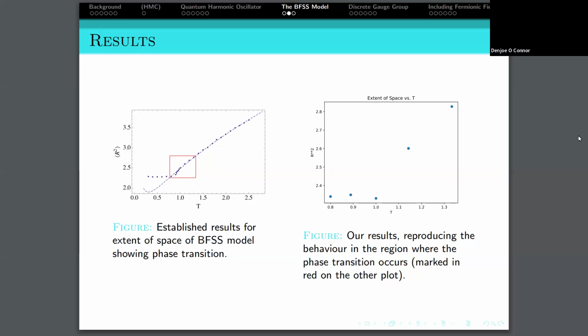You mean it just somehow is emergent from this BFSS model? It should be emergent from it. The conjecture is indirect. It's a conjecture. The derivation of it is that the two should be the same. How to see that it's emerging from this is the challenge. Okay, thank you.